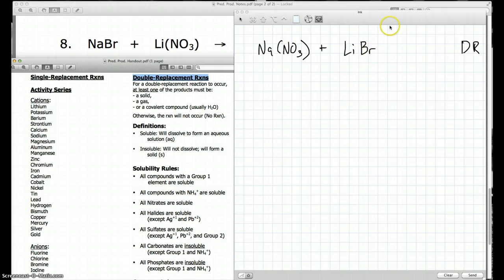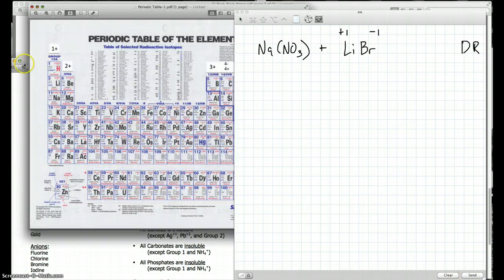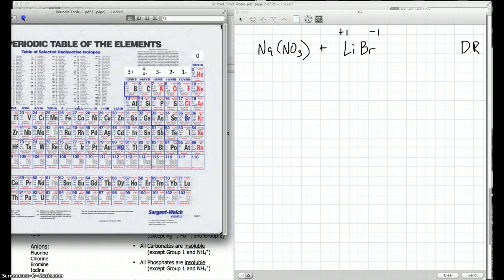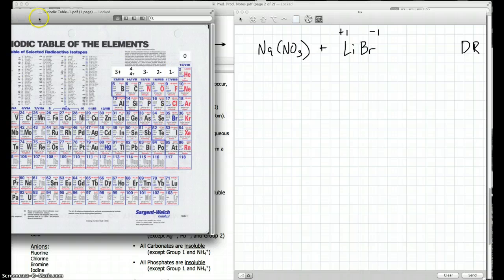One thing you always want to remember is we always write compounds, the positive one first, and then the negative one second. And if you look up the charges of lithium and bromine, lithium is a +1, bromine is a -1. Again, let me double check that on our periodic table. Yep, lithium is a +1. Bromine is a -1.